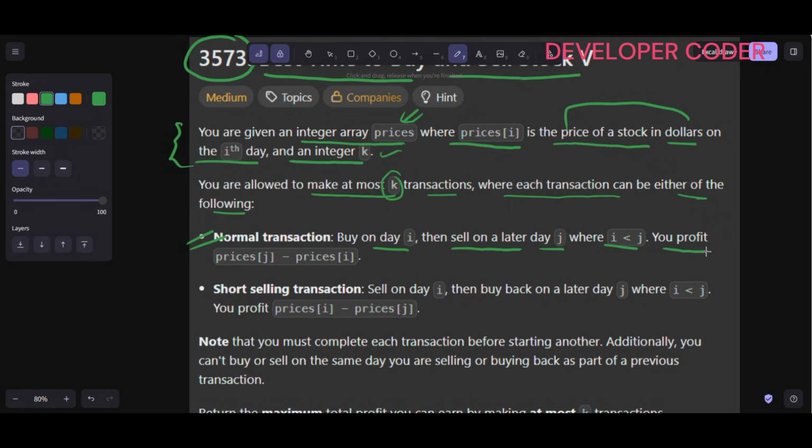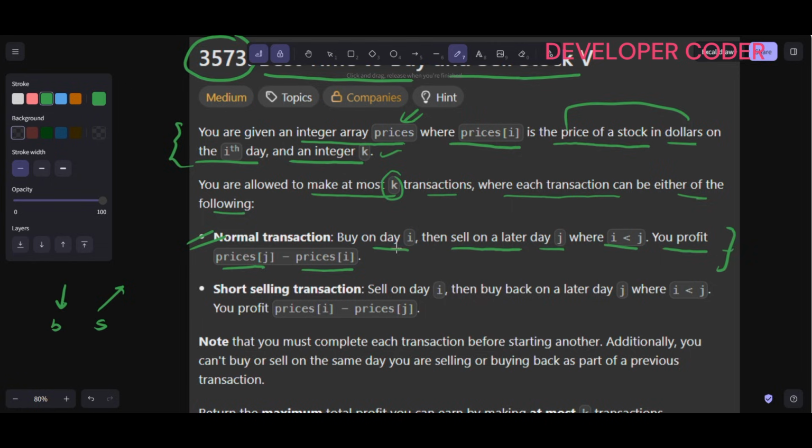So your profit is prices[j] minus prices[i]. This is nothing but a normal transaction. So you buy one stock today and sell it later.